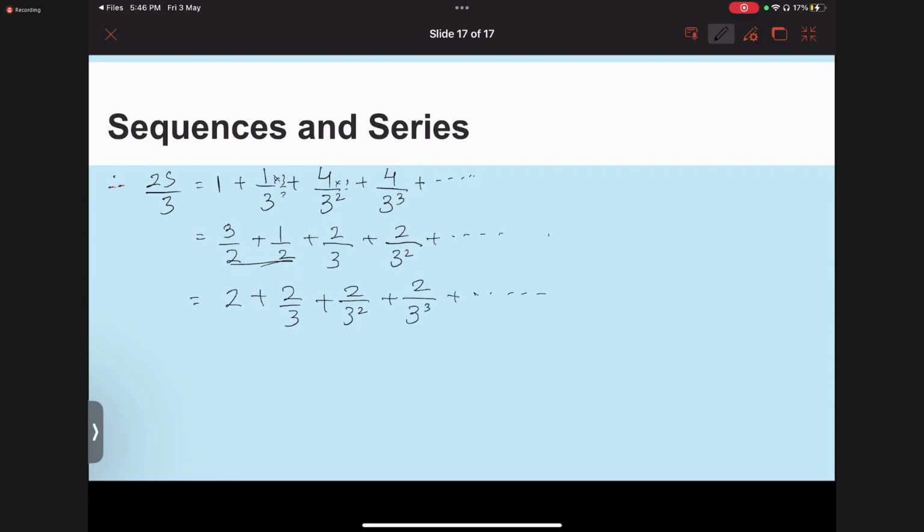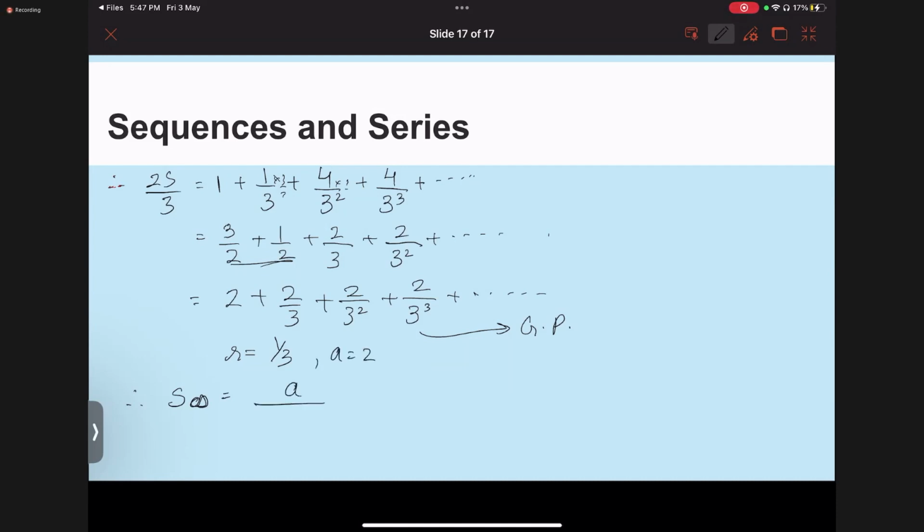Okay, so over here now you can clearly see that for this infinite GP, you have R equals 1 by 3. So we quickly get our R over here. Now we have got this into a GP. So your sum to infinity, because this is an infinite series, your A is 2.